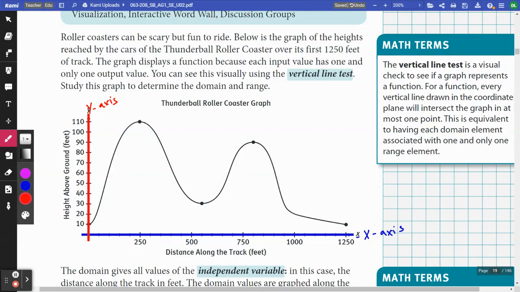Right here where the x and the y-axis come together, what do we call this point? We call that the origin, and that is 0, 0. That's where the ordered pair is, 0, 0.